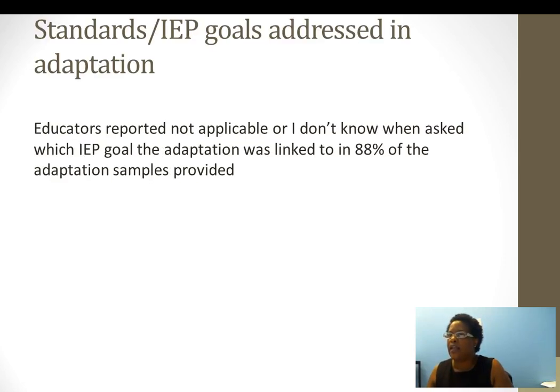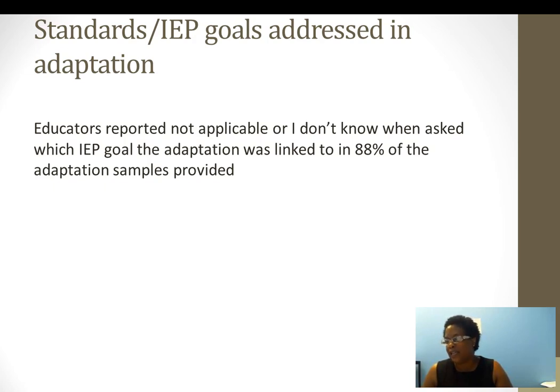And in this particular article, it was reported that educators answered not applicable or I don't know when they were asked about students' IEP goals, which IEP goals the adaptations were linked to, for 88% of adaptation samples provided.